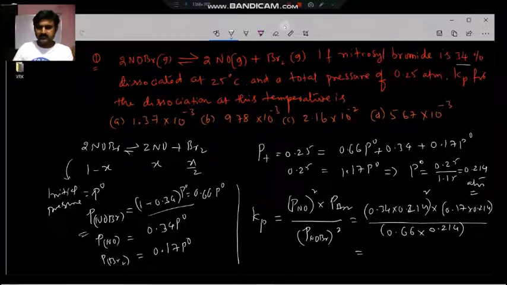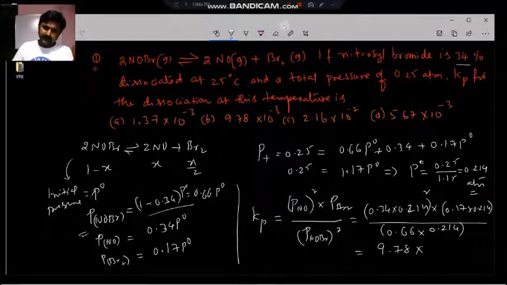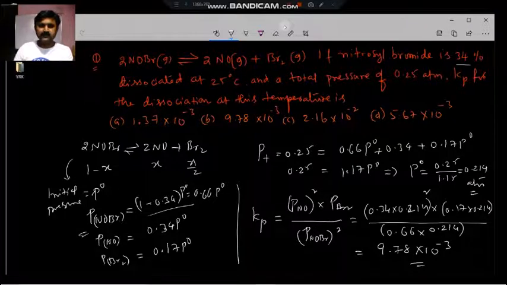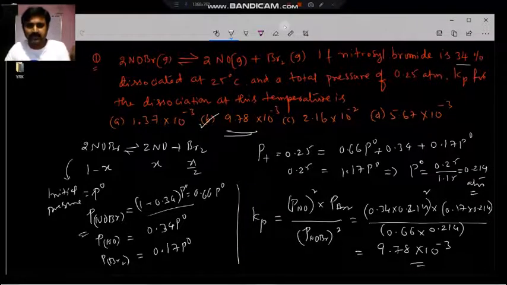After simplification we got 9.78 into 10 to the power of minus 3 as the equilibrium constant for this reaction. So our right option for this question is the second option.